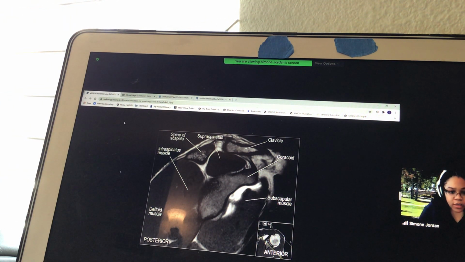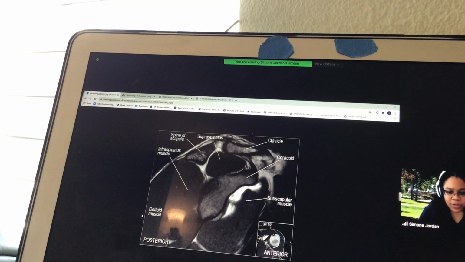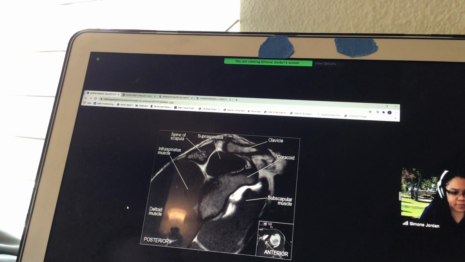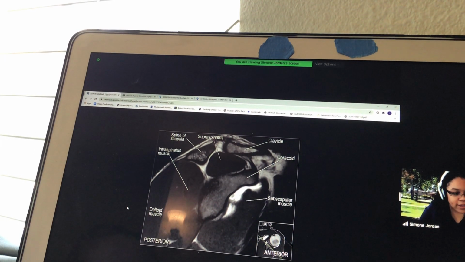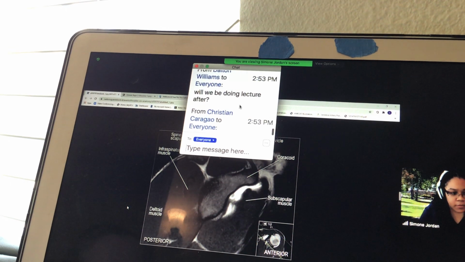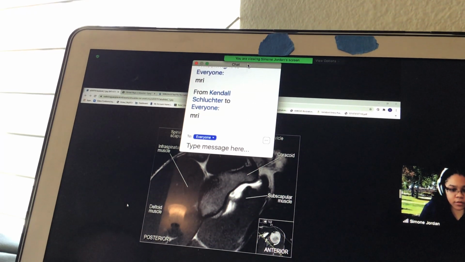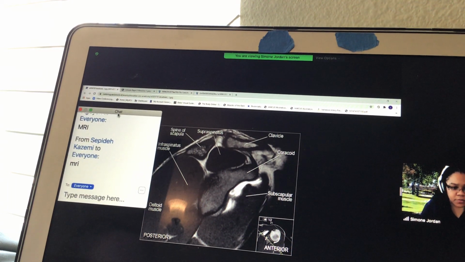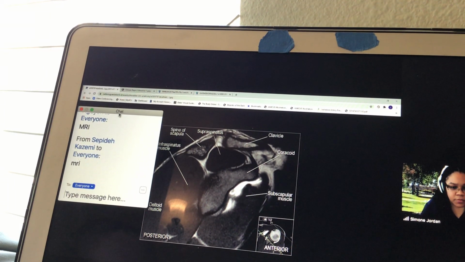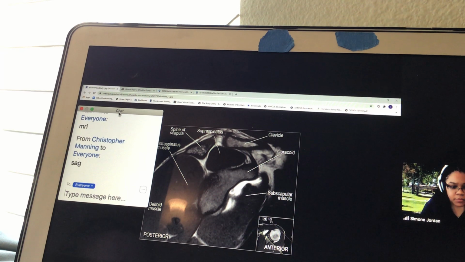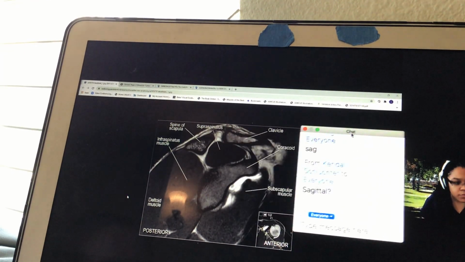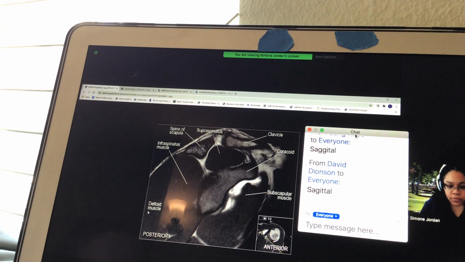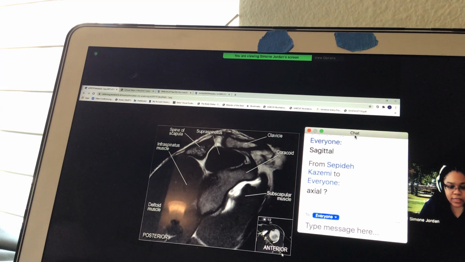Alrighty, so what do we have here, an MRI or a CT? No lecture after the exam. Axial, sagittal, or coronal view? Yeah, so this is a sagittal view.